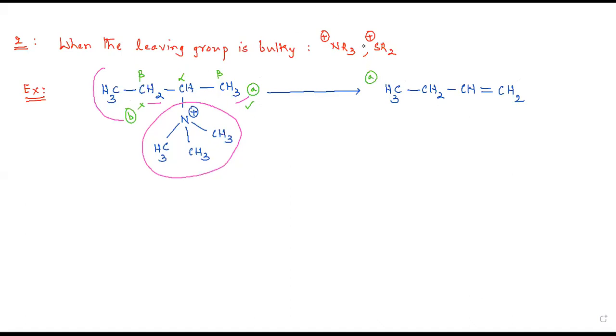This is a lesser substituted one. Of course, Hofmann product. In this case, it is major because the bulky group can go along with this hydrogen readily, whereas with this hydrogen, it cannot go that readily.